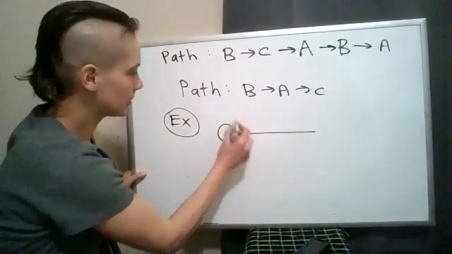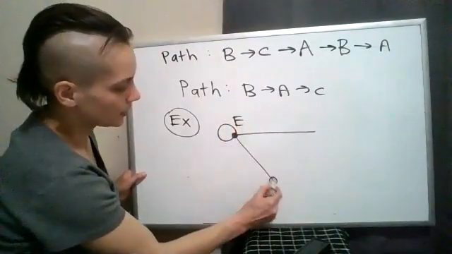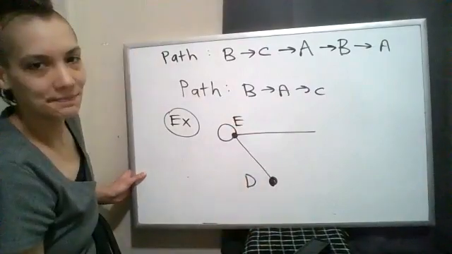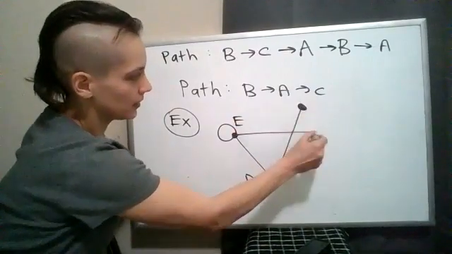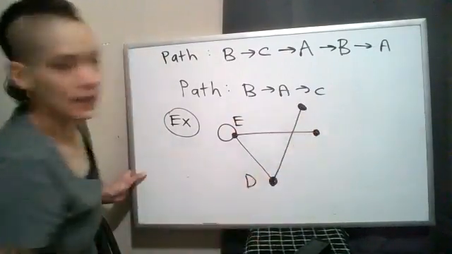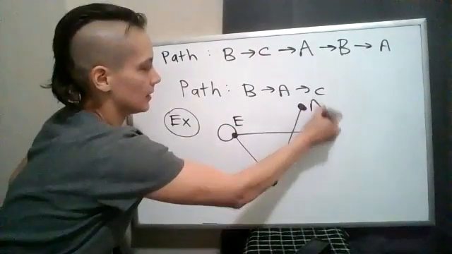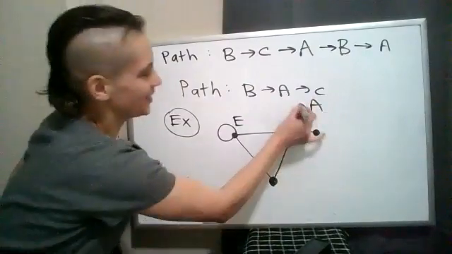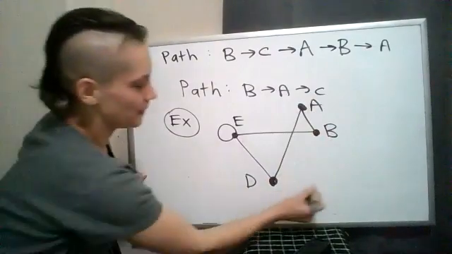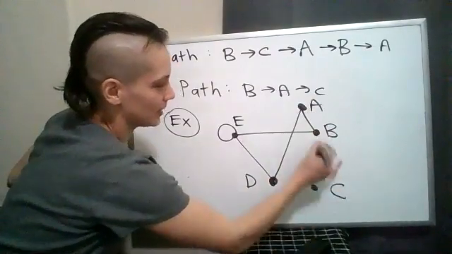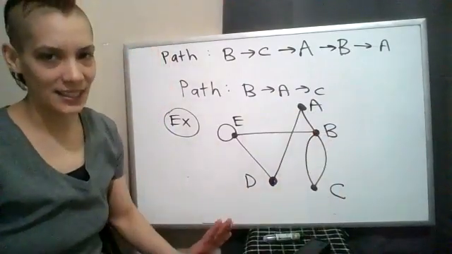This is called E. Down to D. This crosses over here. And this is going to be called A. Which goes over to B. Let's put C and connect to terms. I think that's good enough.